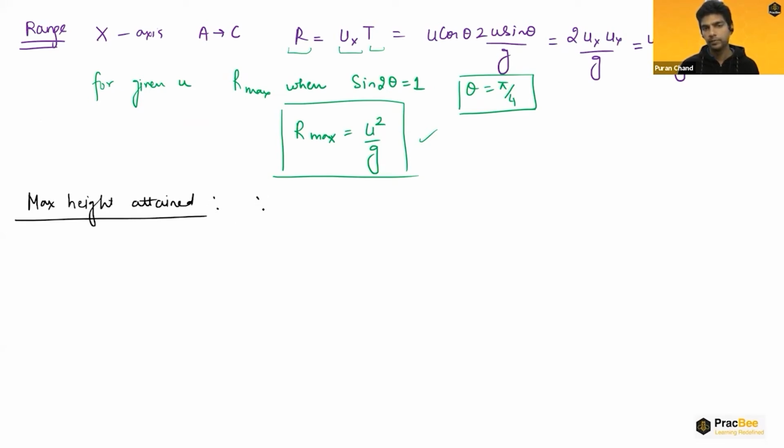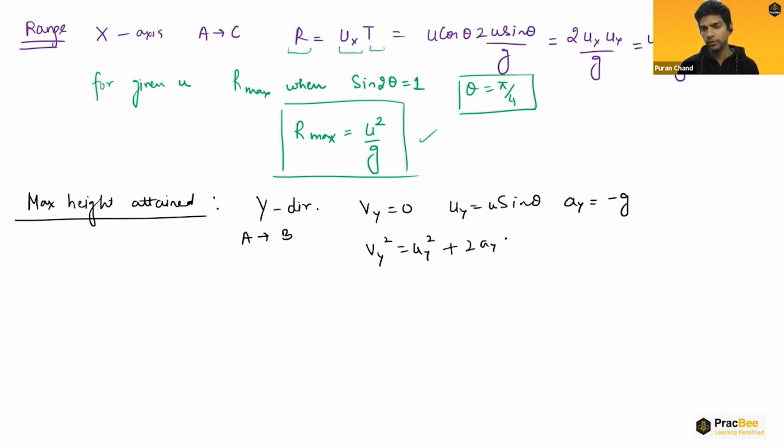Now for the maximum height attained by the projectile, we will apply in the y direction, right? So you can take the velocity in the y direction as 0 from A to B. We are applying the equation of motion from A to B. So Vy will be 0, uy will be u sin theta, and ay is minus g. Is it clear? So let us apply the third equation, which is Vy square equals uy square plus 2 ay Sy.